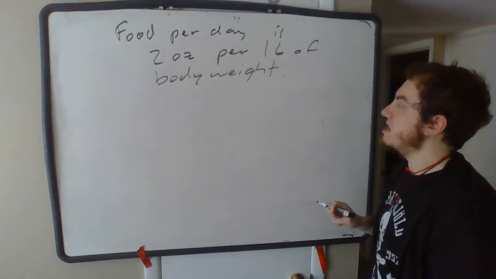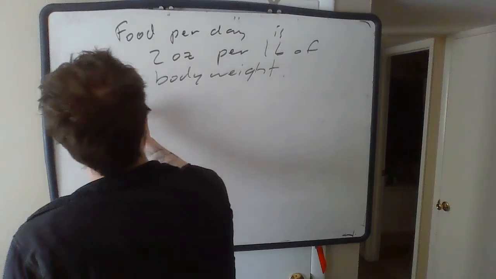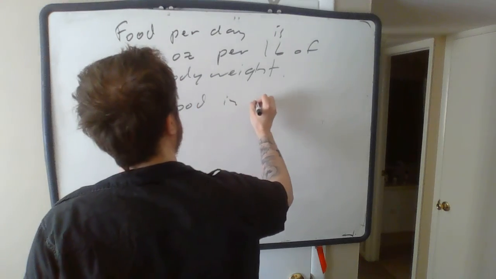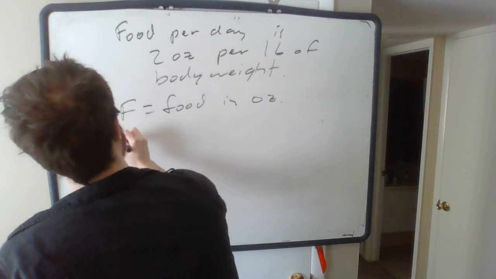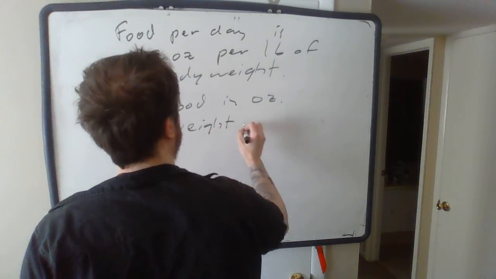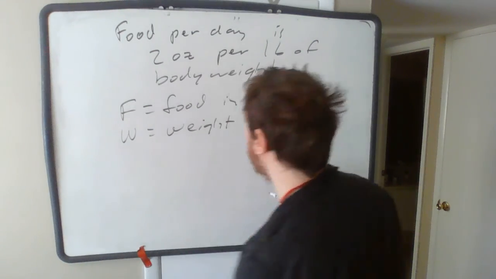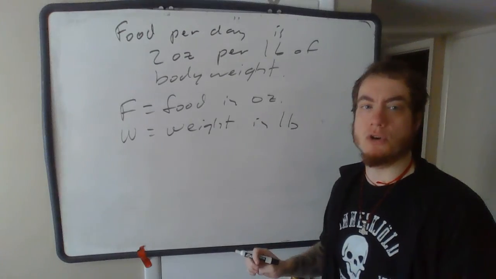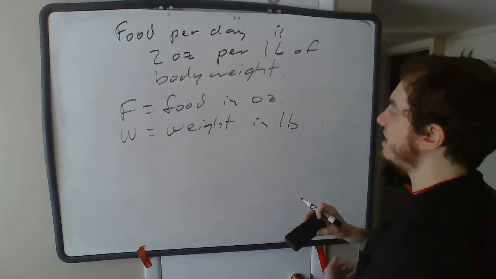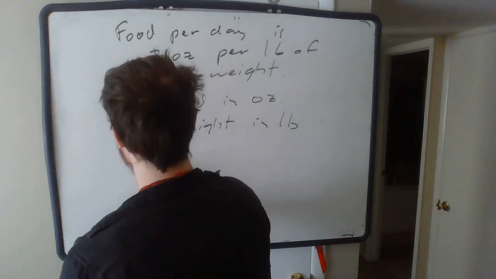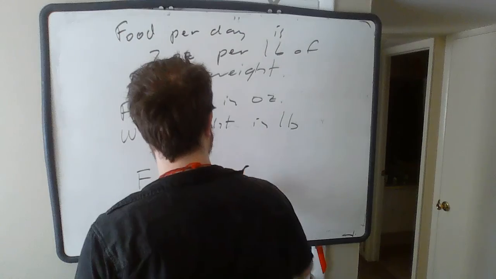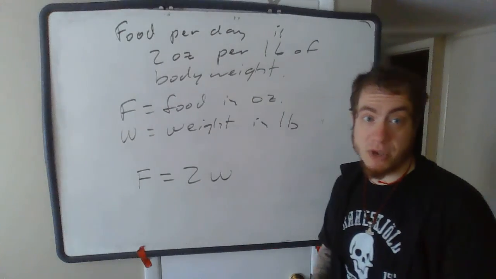Well, if we let the variable f stand for the food in ounces, and if we let the variable w stand for the body weight in pounds, then we can come up with an equation that relates these two quantities. We can say that the amount of food is always going to be equal to 2 times w, where w is the body weight.